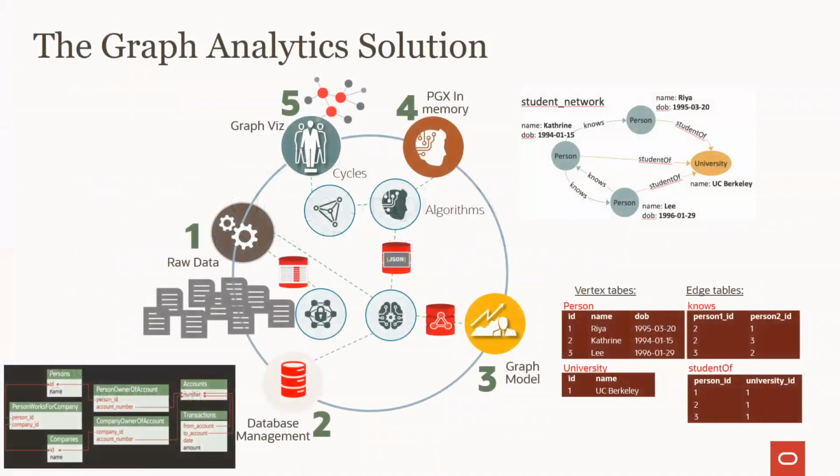Before getting into the demo, let's take a quick look at where graph analytics as a solution fits in relation to an Oracle converged database or autonomous database. Like any organization, the very first step will be to collect the data from the multiple data sources and organize it in a relational database like an autonomous database.